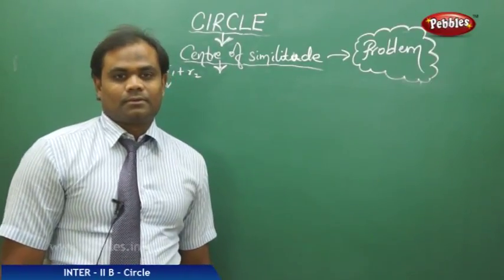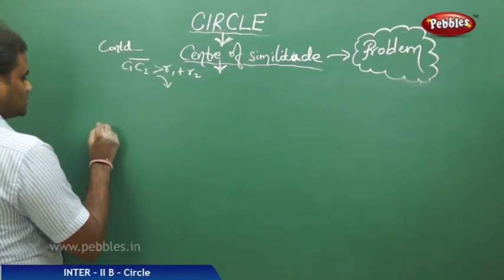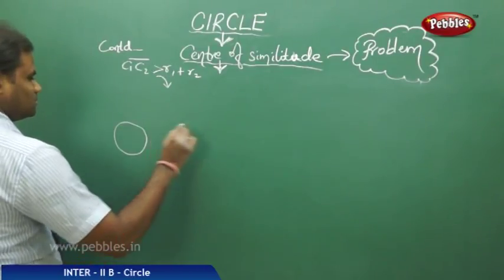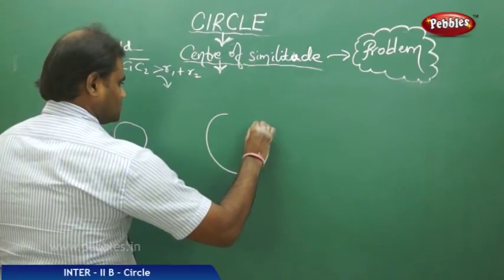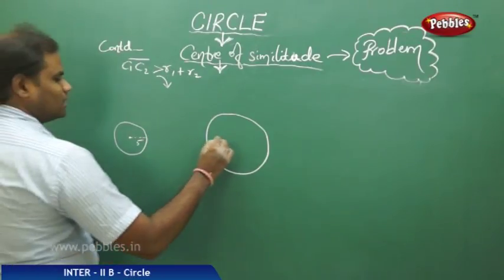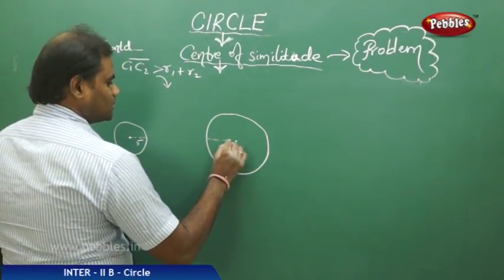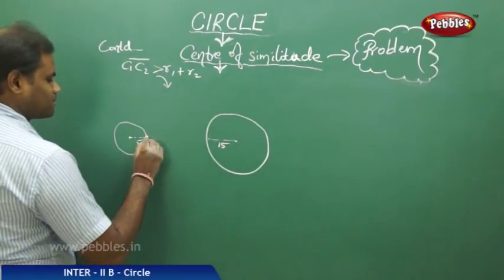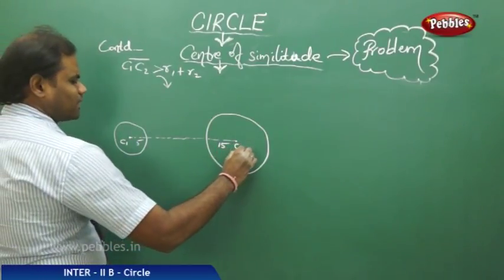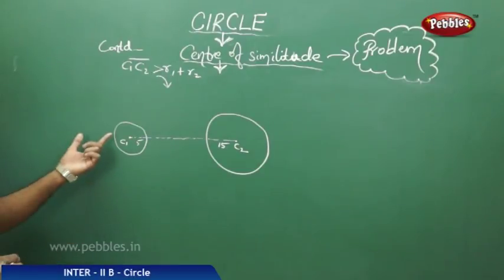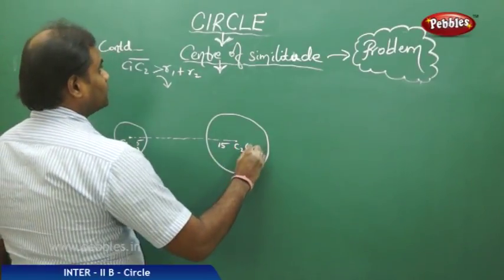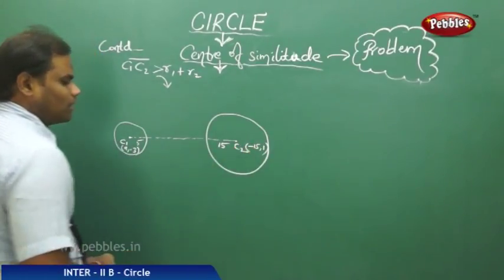So let's take the two circles where the radius of this circle is 5 and the radius of this circle is 15, and the centers are C1 and C2, where the coordinates of C1 are (7, minus 3) and the coordinates of C2 are (minus 15, 1).